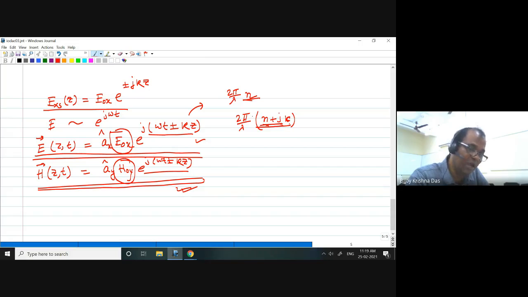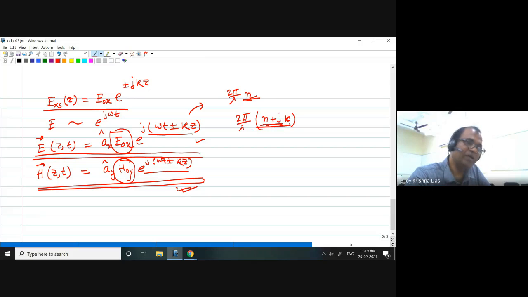That means if you are expressing your refractive index as complex, then the electric field, as it travels, will either be exponentially decaying or exponentially gaining, amplifying.